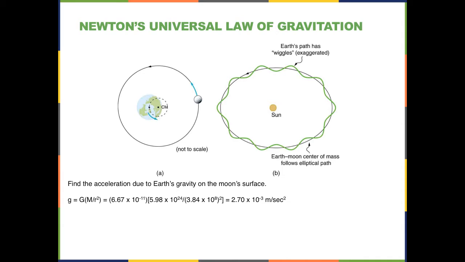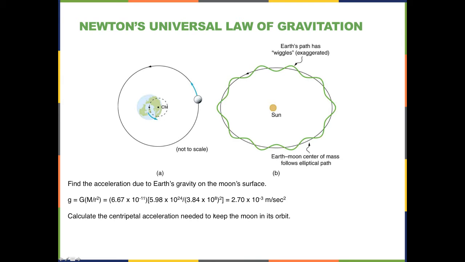And so we can rearrange the gravitational law to take that into account, so that the gravitational constant times the mass of the Earth over the distance between the two squared. You put the numbers in. This is the mass of the Earth in kilograms, and this is the distance between the two in meters. If you calculate that, you get that the gravitational effect of the Earth on the moon's surface is equal to this, which is quite small.